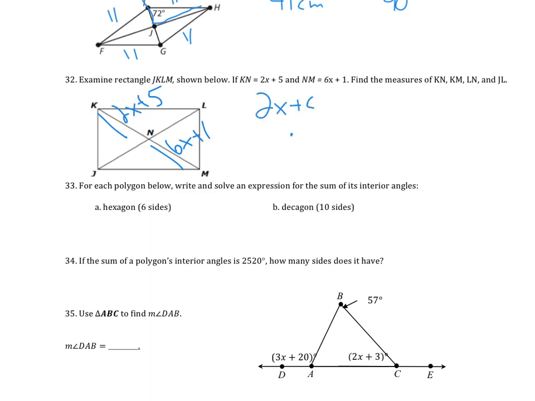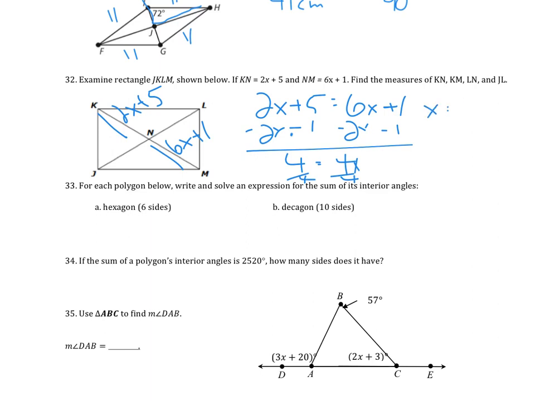So 2x plus 5 equals 6x plus 1. So subtract 2x. We get 4x. Subtract 1. And you get 4. Divide by 4. And x equals 1.